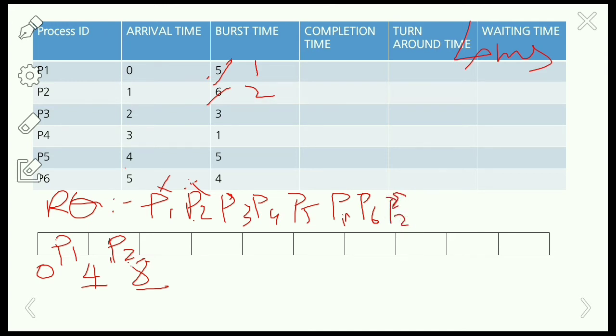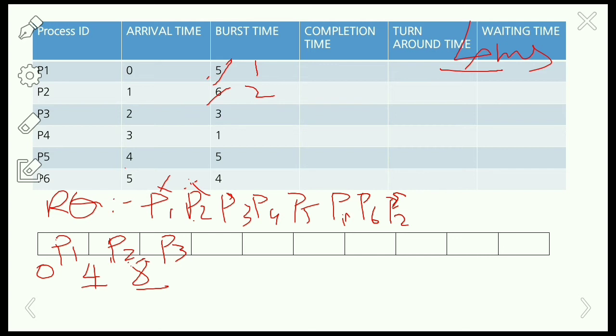Okay, so next P3 is allowed to execute here. The time limit given is 4 units of time, but the burst time here is less than the time quantum. That's why the process releases the CPU voluntarily.